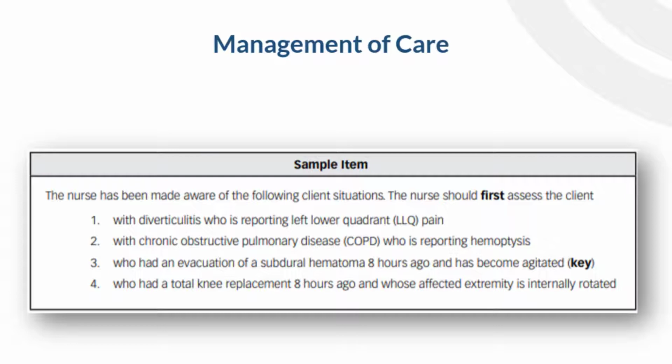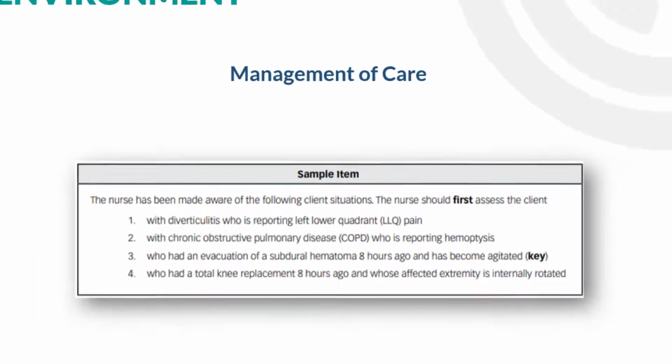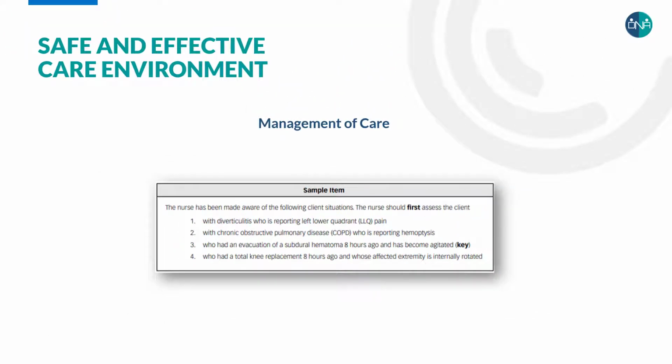Note the strategic word that is highlighted here first. So you need to establish priorities by comparing the needs of each client and deciding which need is urgent. You can pause this video to learn more about this question in this subcategory. Otherwise, let's move on to the next subcategory.